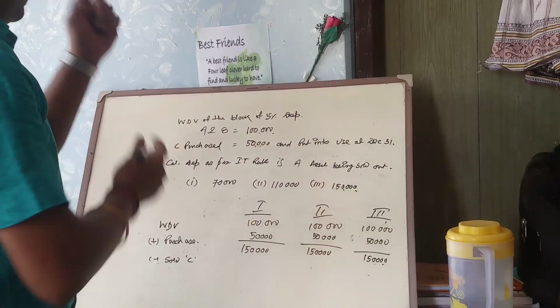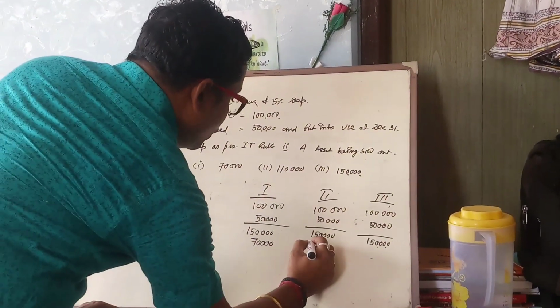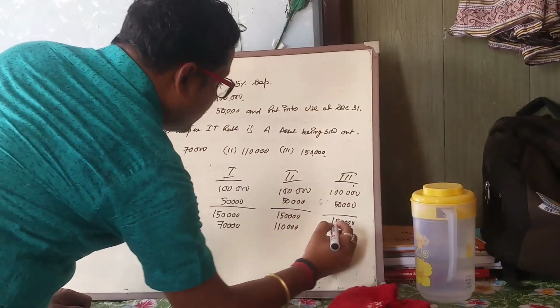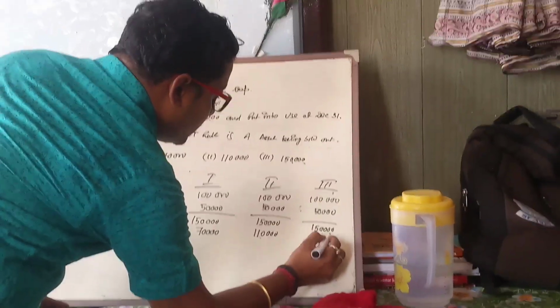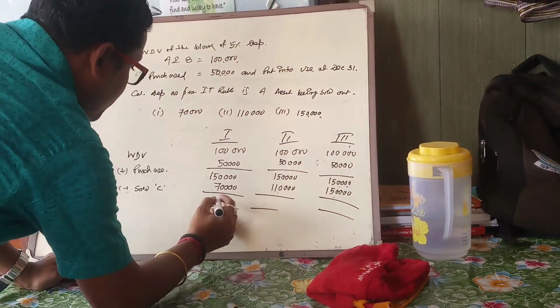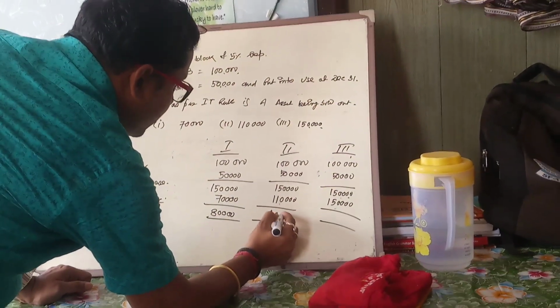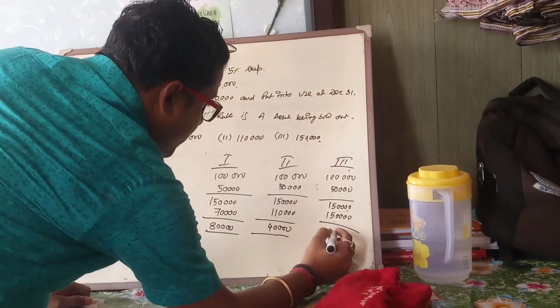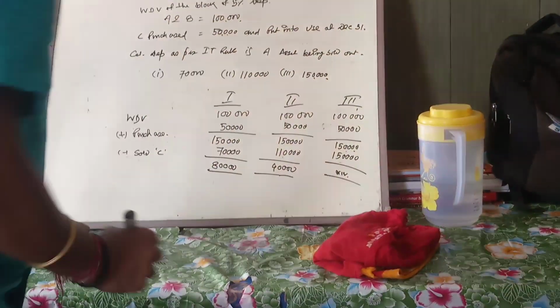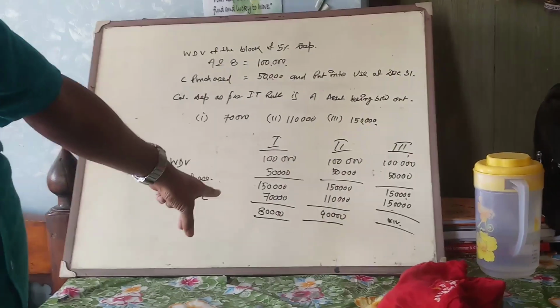In the first option, it was sold for 70,000, then 1,10,000, then 1,50,000. Now the point is what is the WDV left? 80,000, 40,000 and nil. In the first situation, we have 80,000.